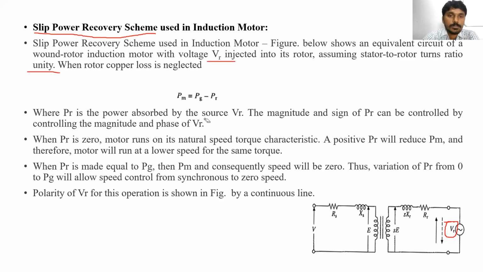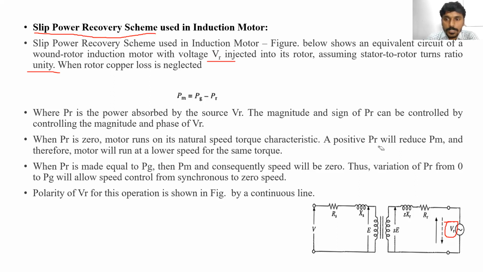PG is equal to PM. So the motor will rotate at maximum speed and operate in the normal operating condition.